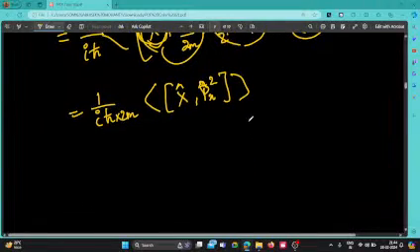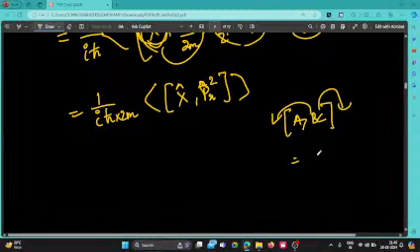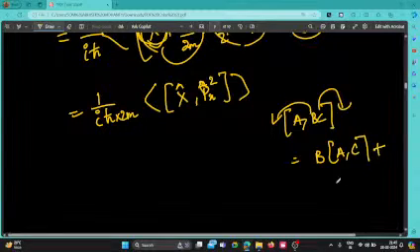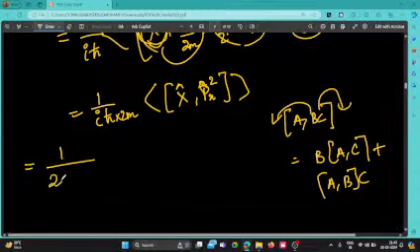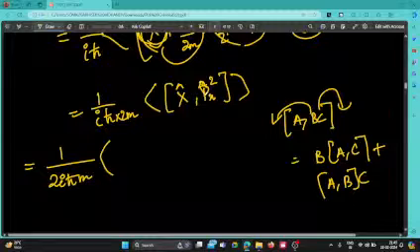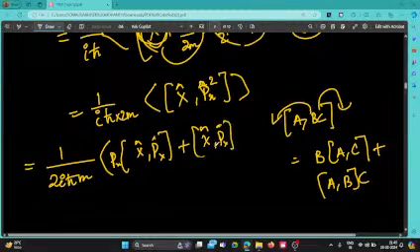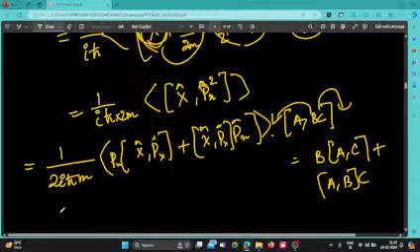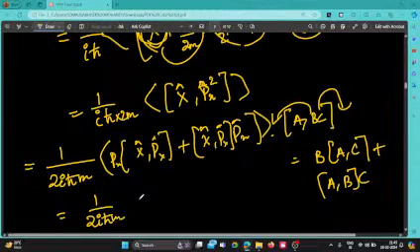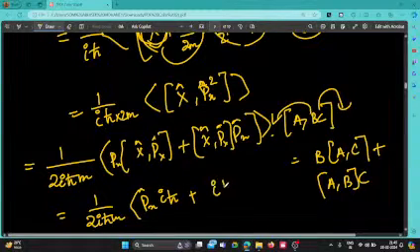If you see the commutator of A with BC, B goes to the left side, C goes to the right side, so B times commutator of A and C, plus commutator of A and B times C. So that will become 1 by 2iħm, and this will be px times iħ, plus iħ times px.